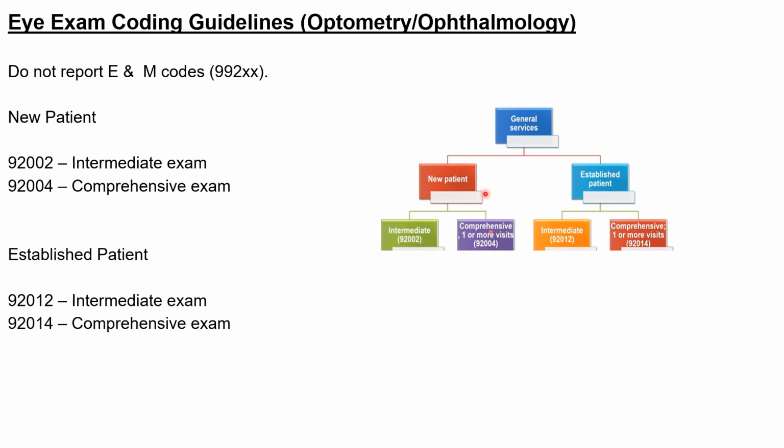The criteria for new patient and established patient is pretty much like E/M, the 3 years is what we consider. But remember, we never use the E/M codes, the 99000 series, for ophthalmology. For that we come to these codes, which are only for ophthalmology, and in that we have two codes for the new patient and two codes for the established patient.